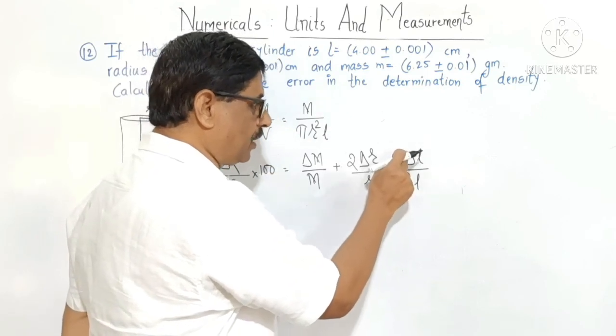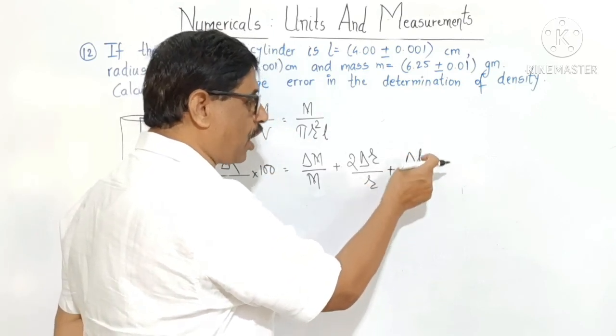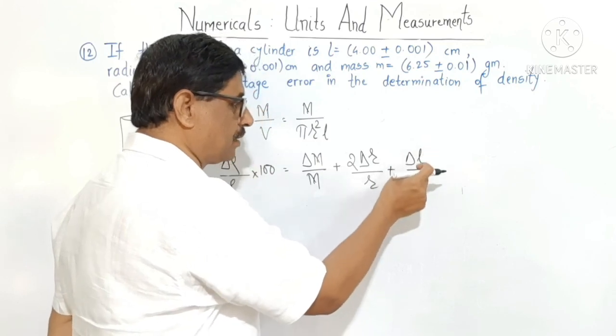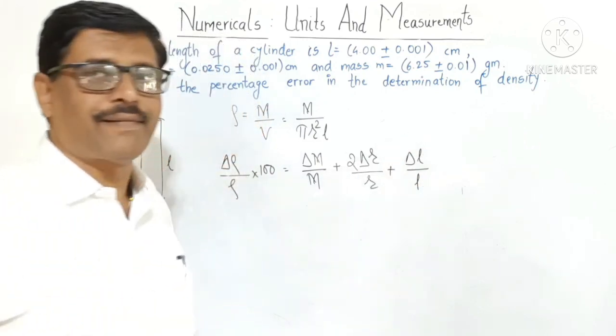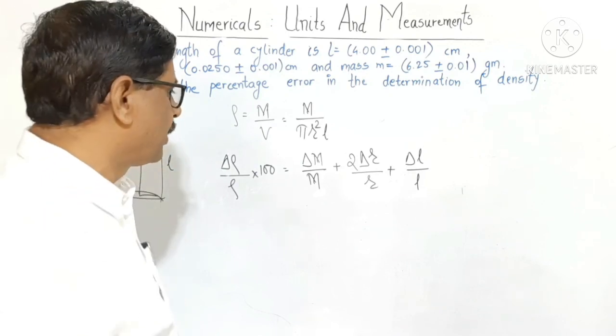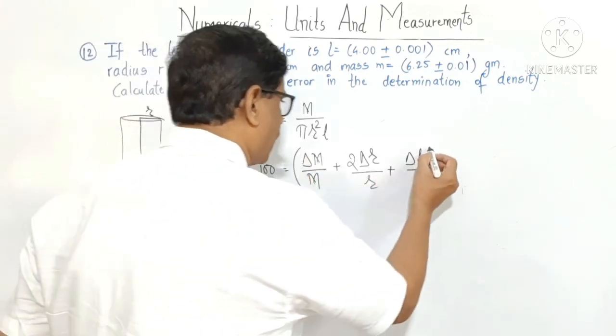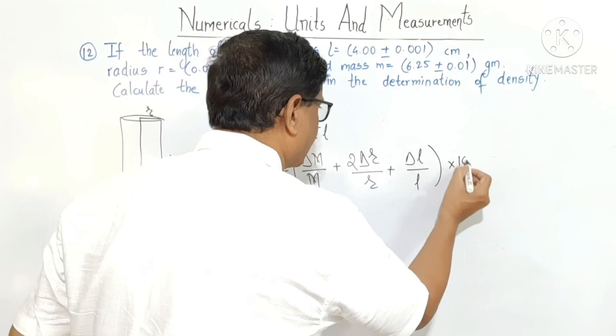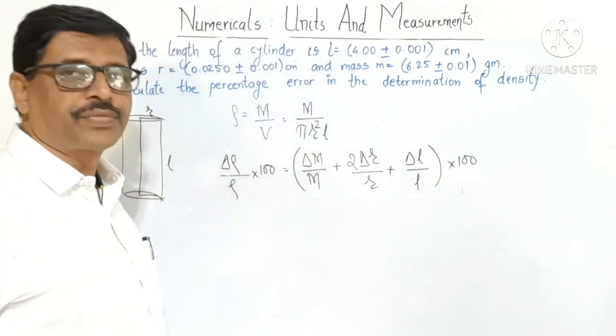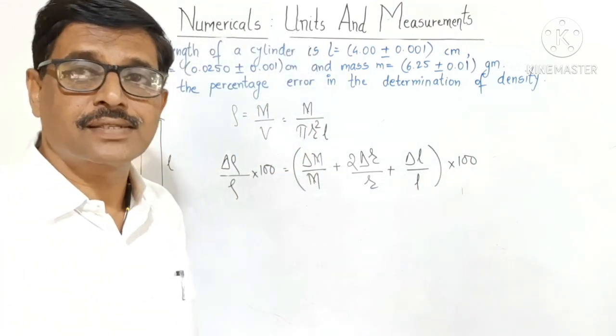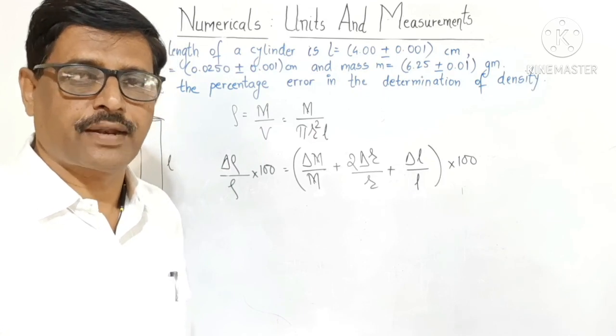Therefore, the ratio of the absolute error to the true value is called the relative error, and I will multiply all this by 100, so the relative error is expressed in percentage. We call this the percentage error.